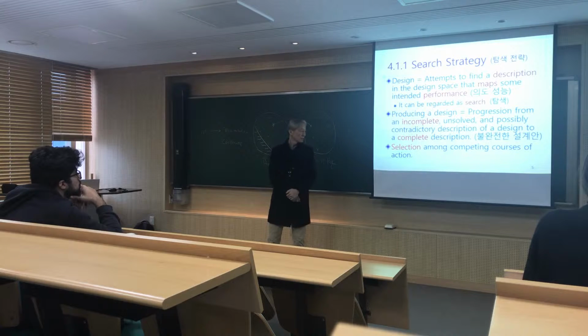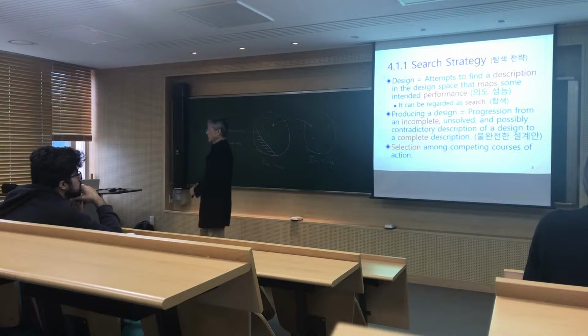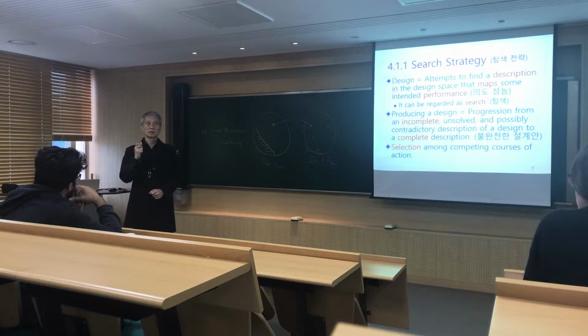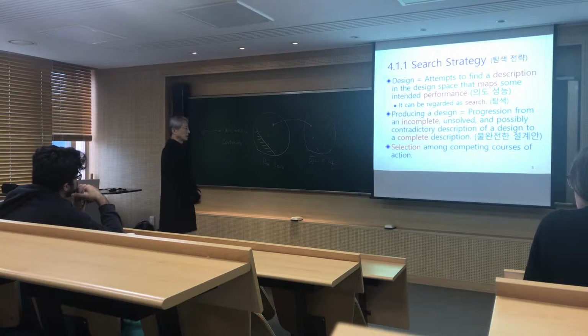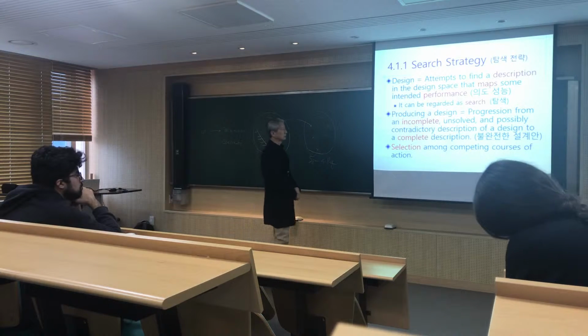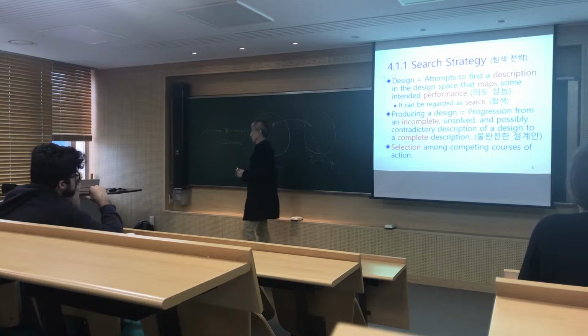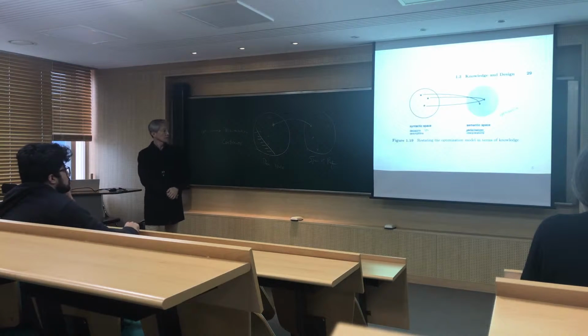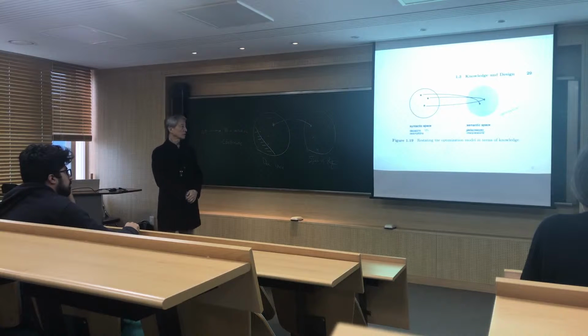Selection among competing courses of action. Actions can be an activity that is kind of controlling. So action is involved in controlling or search strategies. Action, movement along the timeline. This one we already saw in chapter 1.